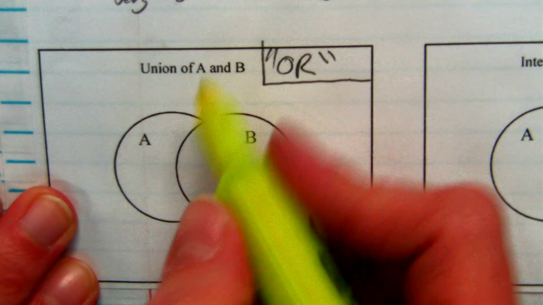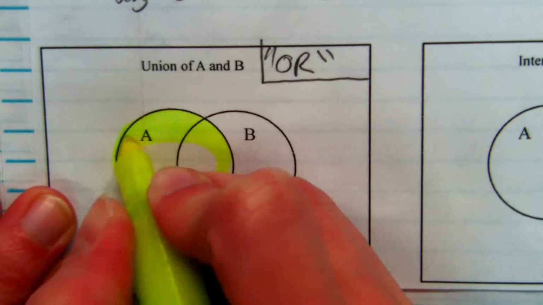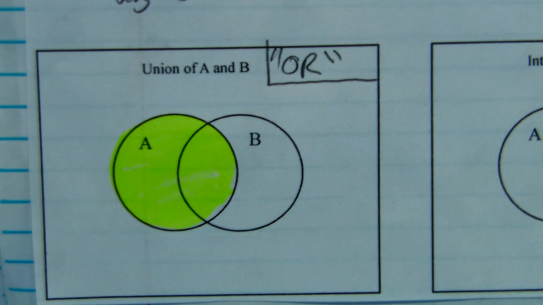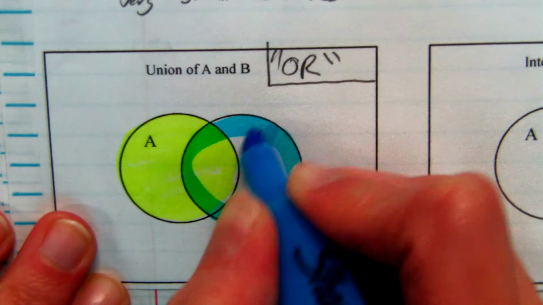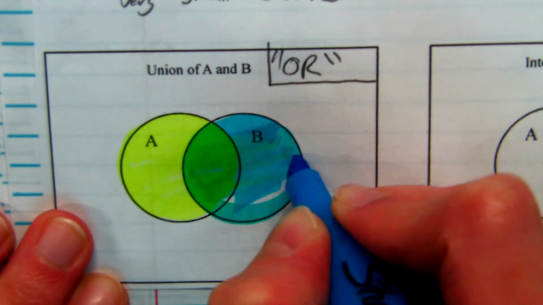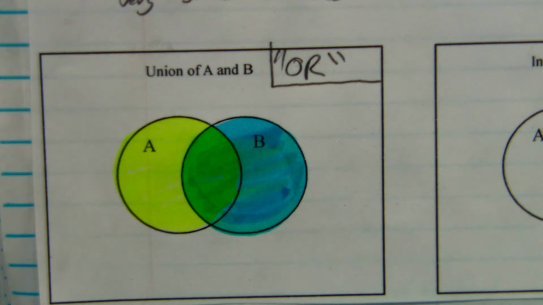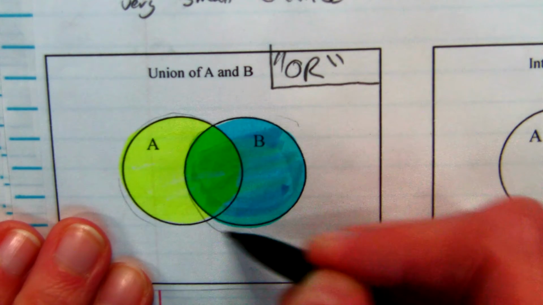Okay, so I'm going to highlight this. This is a little Venn diagram. And this is the probability of A happening. But evidently there's a little bit of overlap with event B happening. So if you want to color this, you can. I'm using 2 colors so you can see. When you're doing an OR problem, if they're not mutually exclusive, this is all the ways A can happen, this is the ways B can happen.